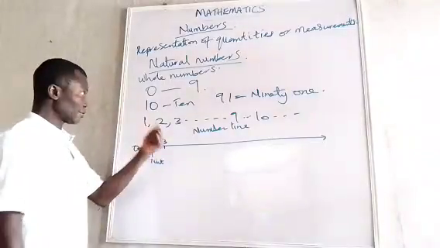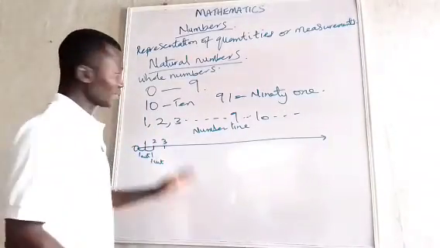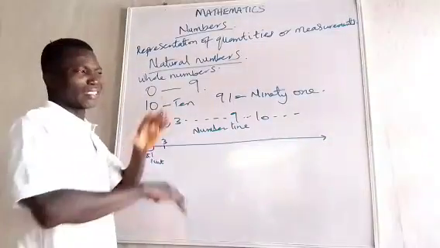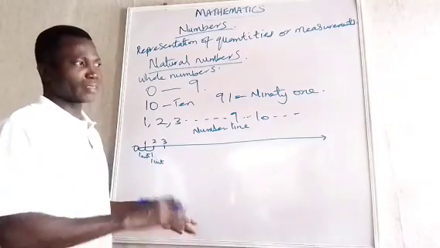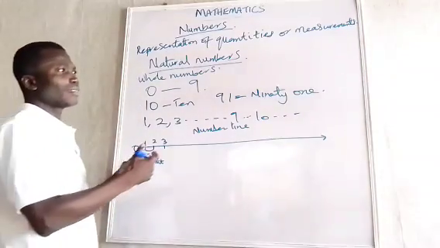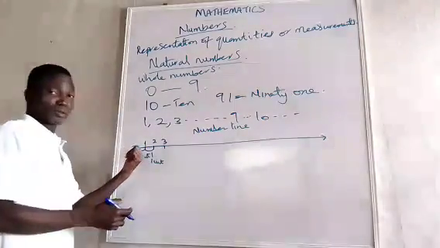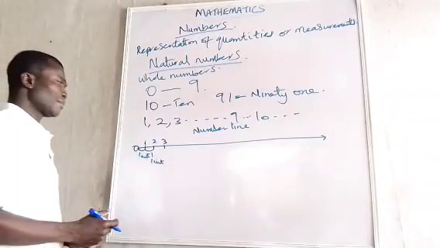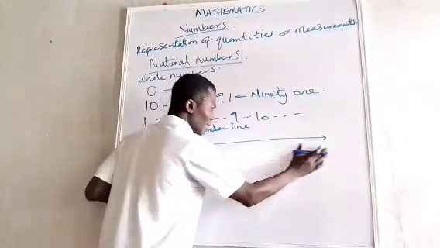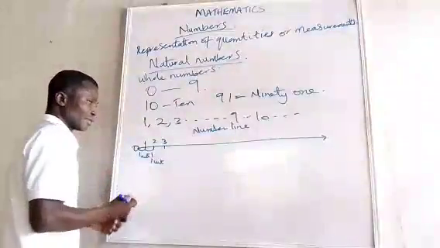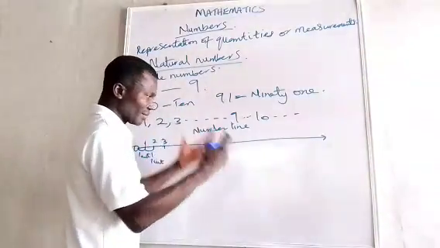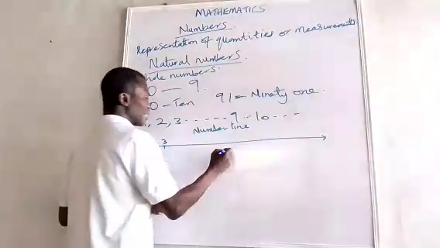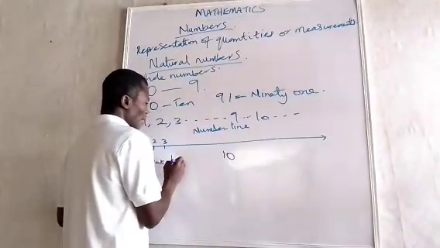And when we are talking about 0, it means that thing does not exist. When we are referring to natural numbers, it is not appearing. It does not have any relevance. That's what we mean by 0 under natural numbers. And under natural numbers, I told you that the number increases as we move from left to right. That's how we represent it. As it gets to a place, you have 1 to 10.